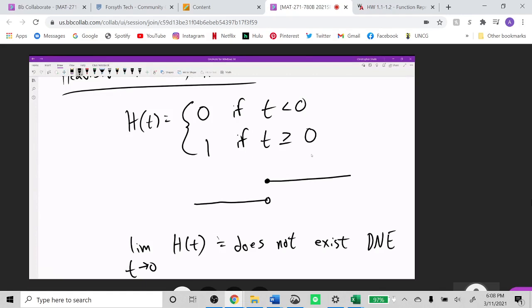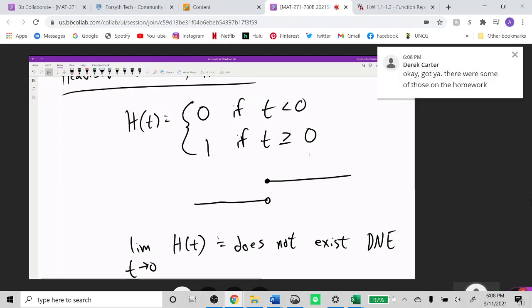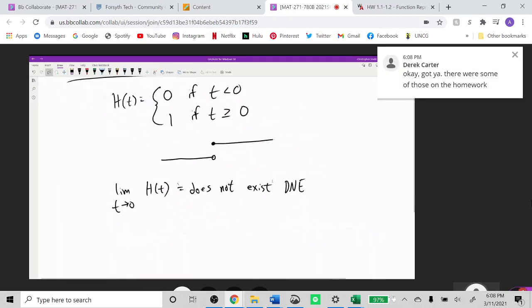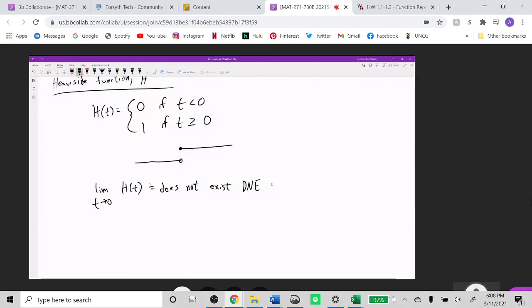Now I can define limits for this function if I look at this function by approaching 0 from either side. If I approach t equals 0 from either side of this function, I can define separate what we call one-sided limits.